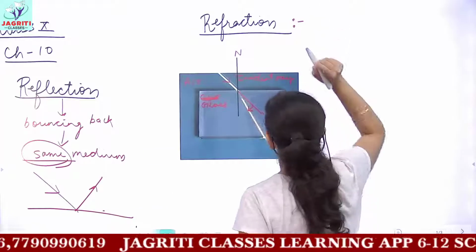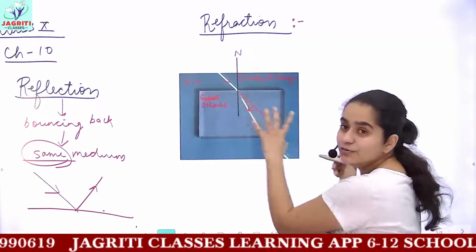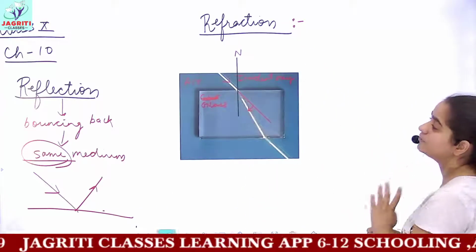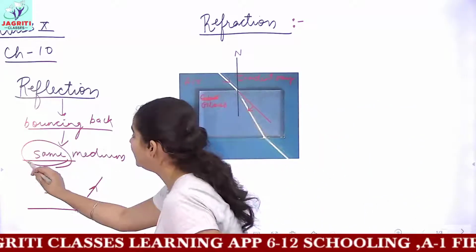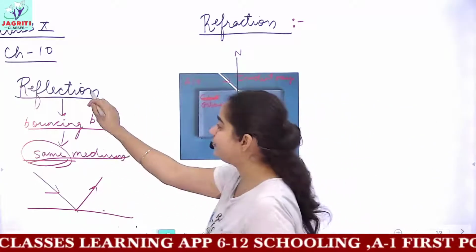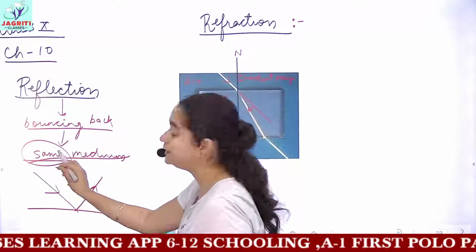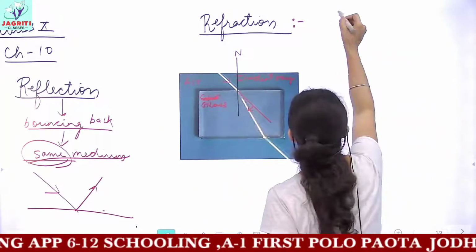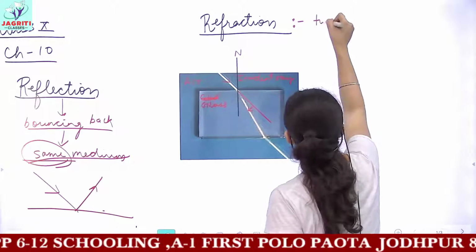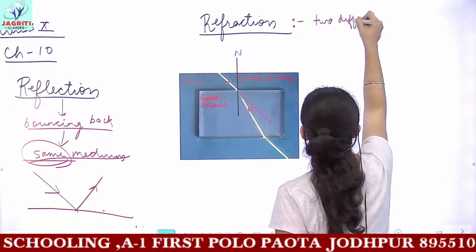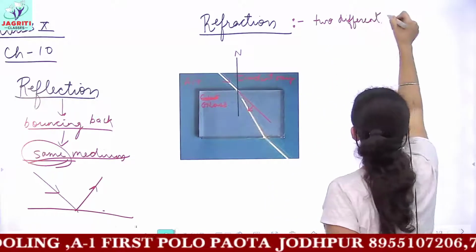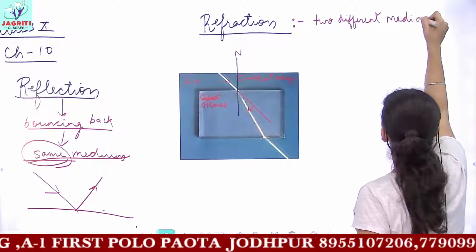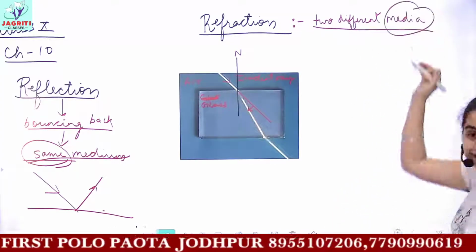For refraction, you can frame the complete definition. I'll just show you the important points. Like reflection is bouncing back of light ray into the same medium, in a similar manner, refraction involves two different media. The plural of medium is media.